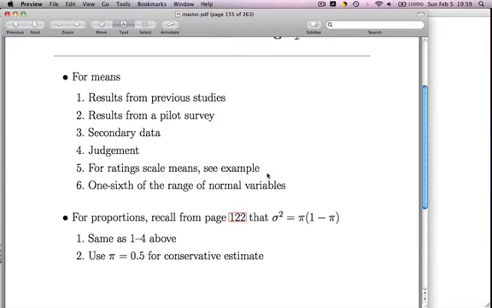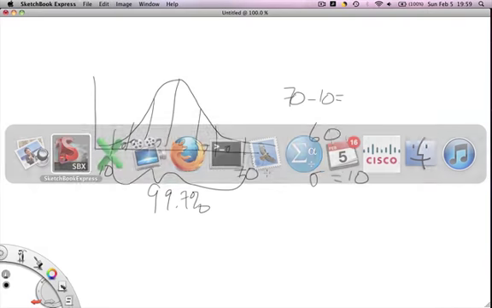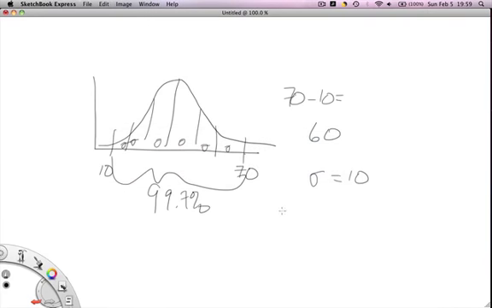For proportions, remember that the variance of a Bernoulli trial is pi times 1 minus pi. Now let's go draw that. Here is pi, and here is pi times 1 minus pi, which is the variance of a Bernoulli trial. If you plot this out, what you get is a parabola.